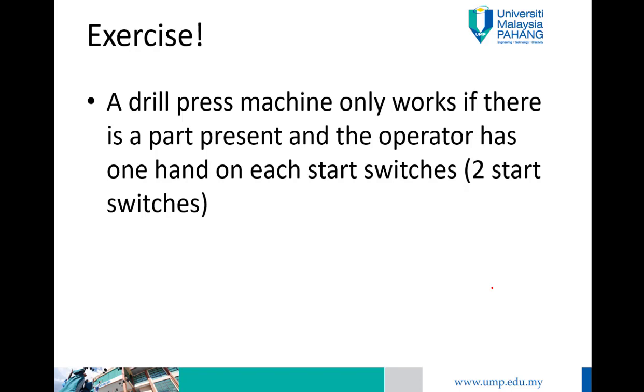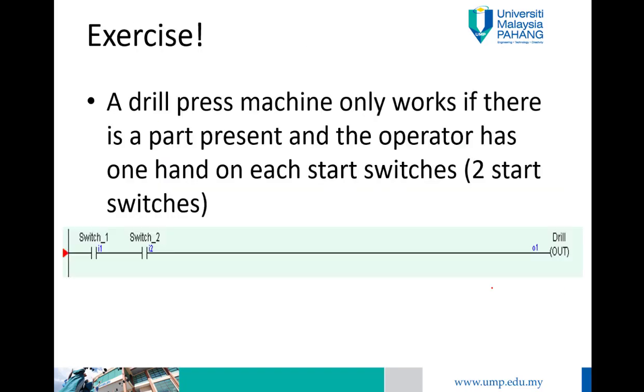A drill press, this is an exercise. A drill press machine only works if there is a part present and the operator has one hand on each start switch. We have two start switches. So this is the circuit. We have two switches connected in series, which means the connection of switch 1 and switch 2 here is an AND connection.